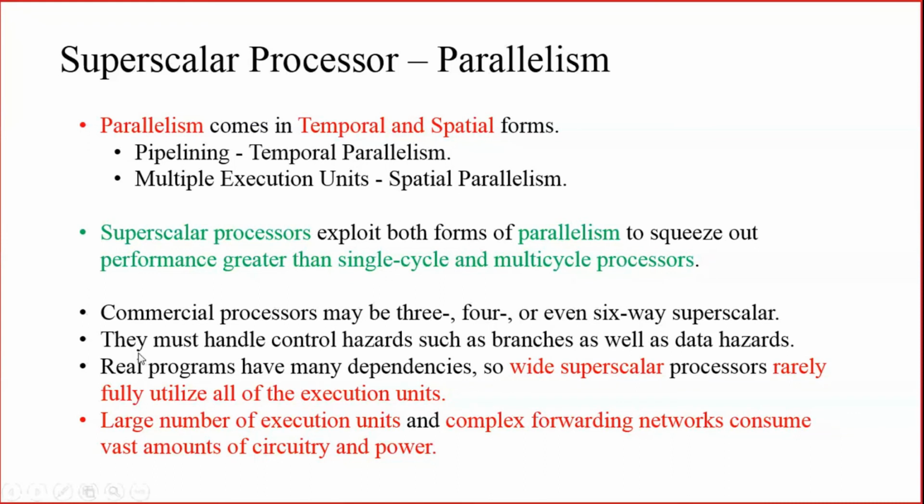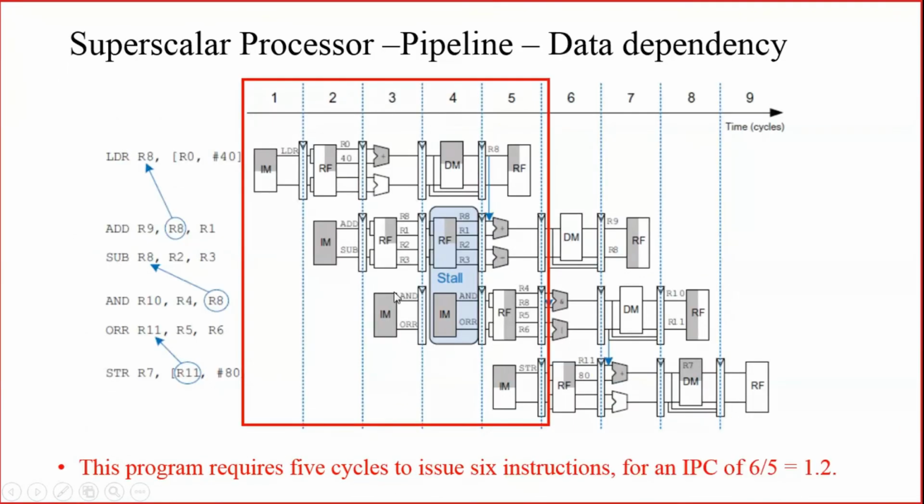But you need to keep in mind that they need to handle the control hazards, such as branches, and the data hazards. Both the control and the data hazards should be handled if it has a wider superscalar architecture. And real programs will have many dependencies, so a wide superscalar processor will rarely utilize all the execution units. Here you can see that in the first cycle, only one instruction has been taken.